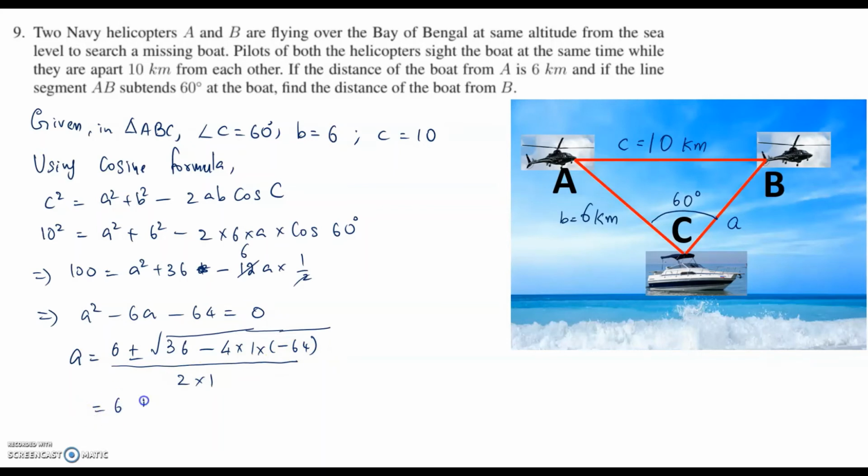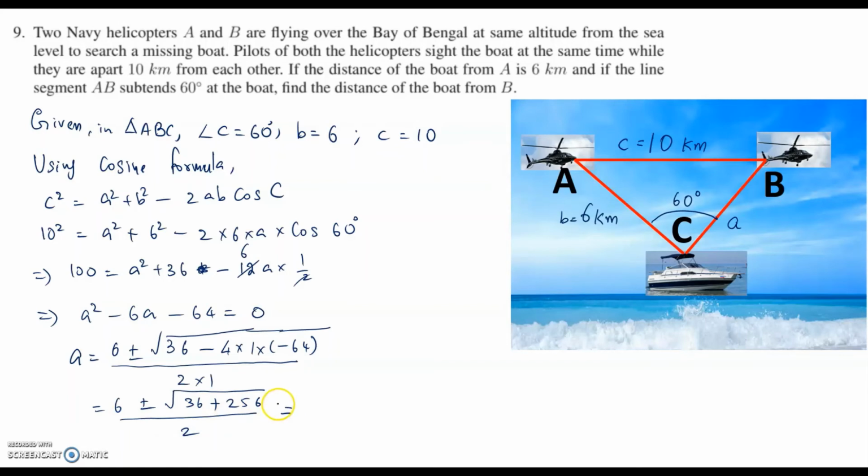So that's 6 plus or minus root of 36, sorry, this will be a plus 256, divided by 2.